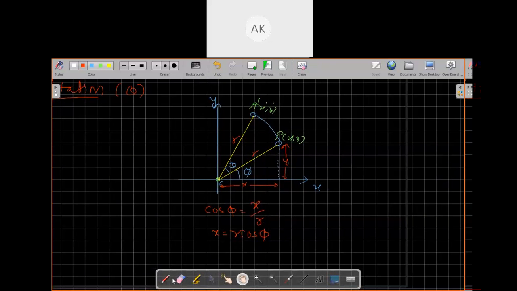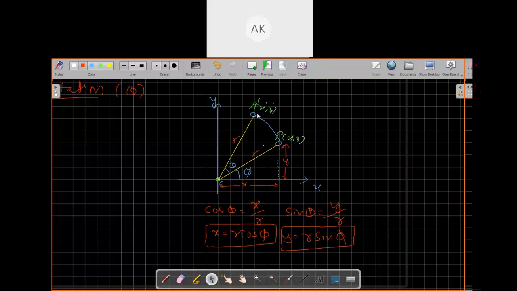So you can write it using trigonometry. Cos phi equals, so just consider this is your radius, r. Okay. So cos phi equals x over r. So you can write x in terms of the angle: x equals r cos phi.